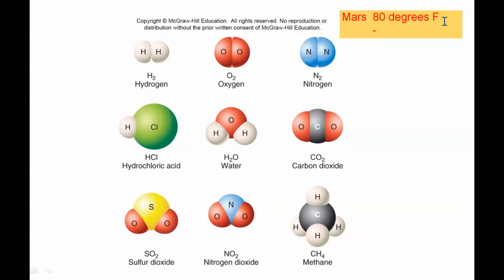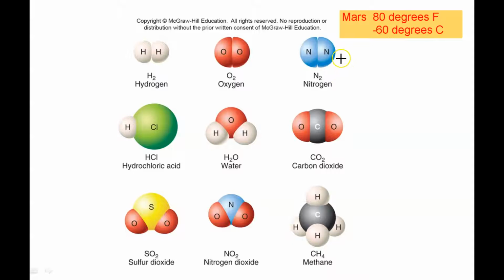And you remember that the freezing point of water on the Celsius scale is 0, right? So the average temperature on the surface of Mars is below the freezing point of water. And this is because the atmosphere of Mars has very, very little CO2. There is nothing to trap the heat from the sun.